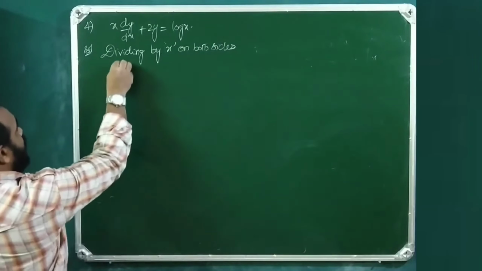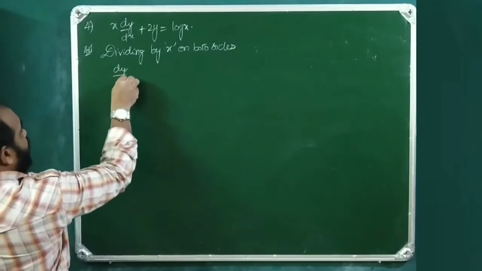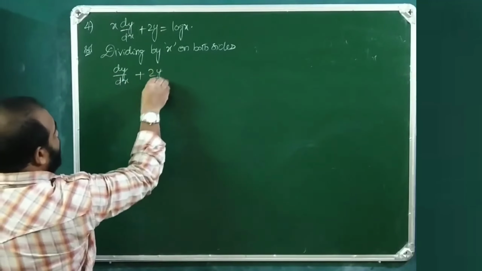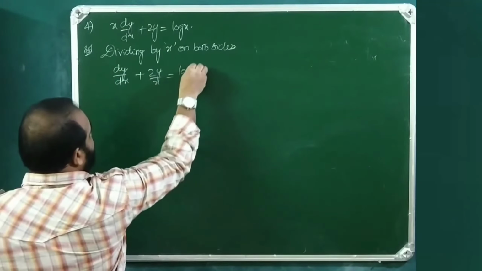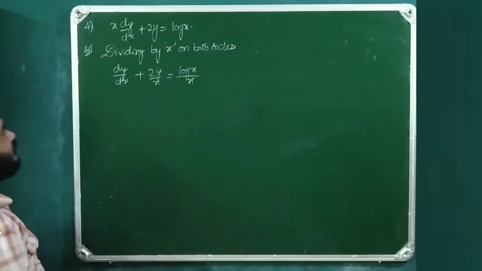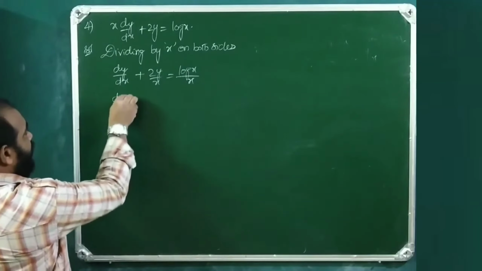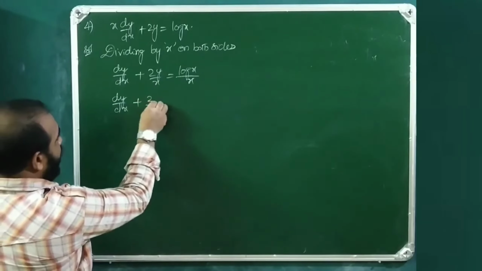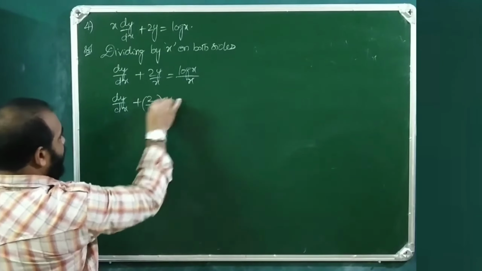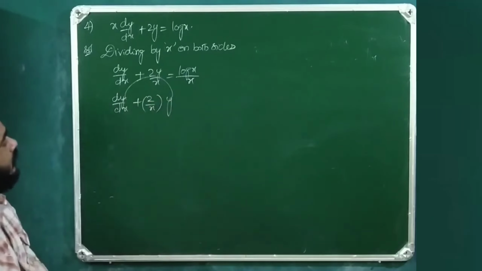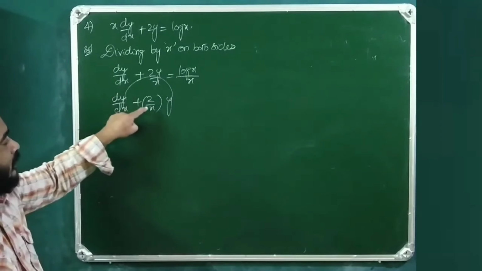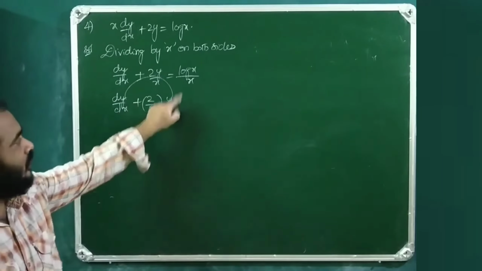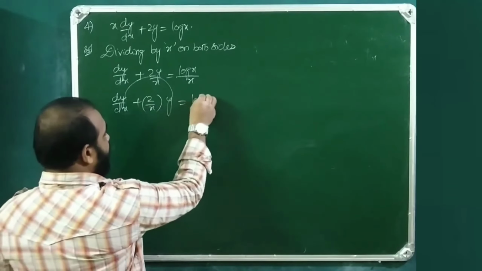This gives dy by dx plus 2y by x equals log x by x. So this is dy by dx plus 2 by x into y equals log x by x.